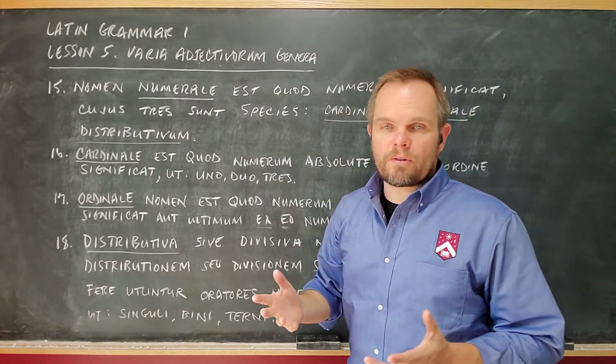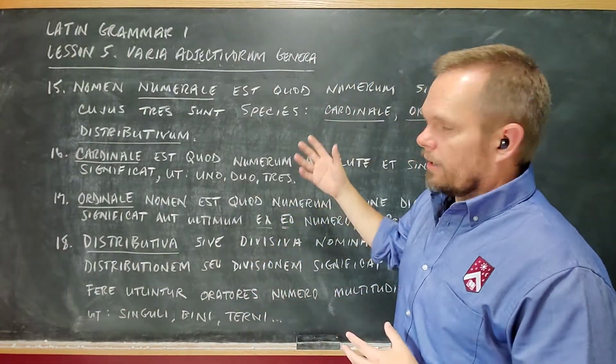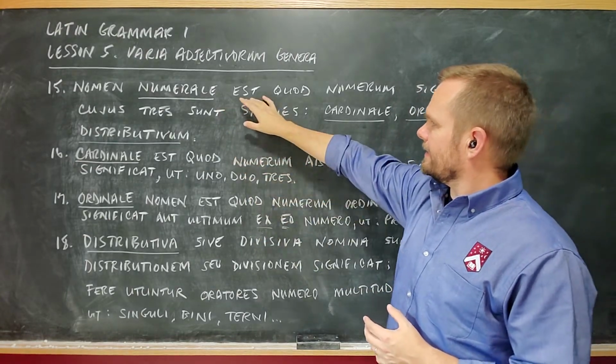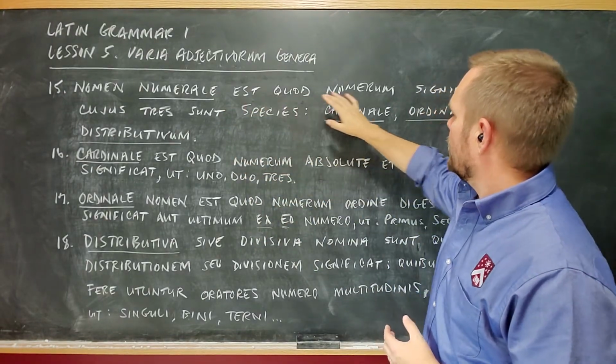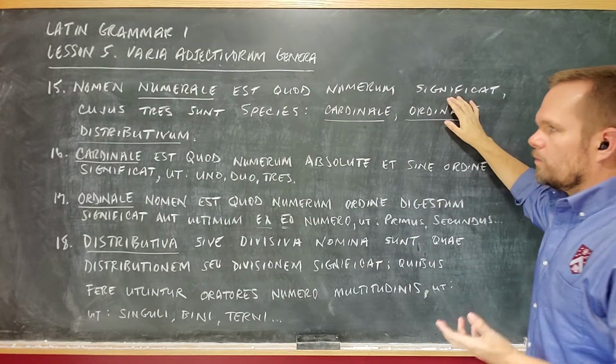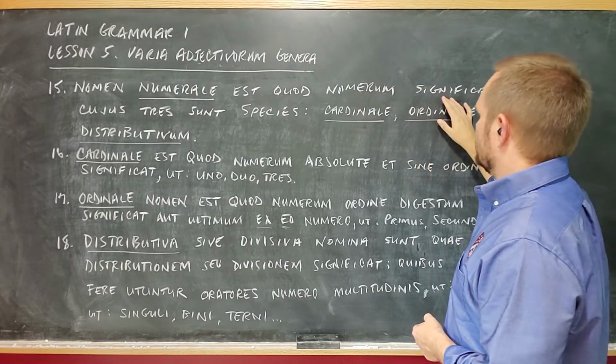Okay, and the translation for Rule 15 is: a numeral noun. So all numerals or numbers are adjective nouns. A numeral noun is that which a number signifies.